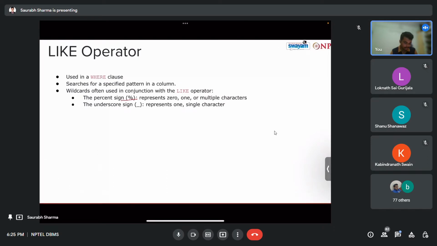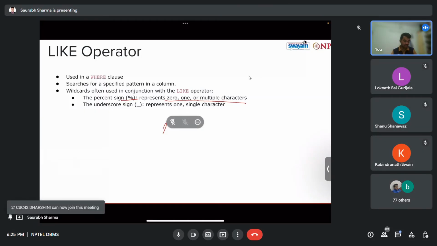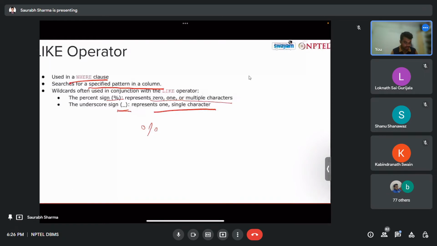First is the percent sign, which represents 0, 1 or multiple characters, like a universal for strings. Then there is the underscore sign, which represents only a single character. It is used in the WHERE clause when we want a specified pattern in a column. We will see in examples how we deal with it.